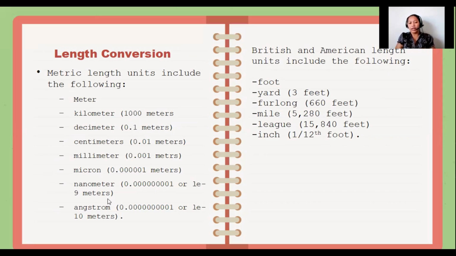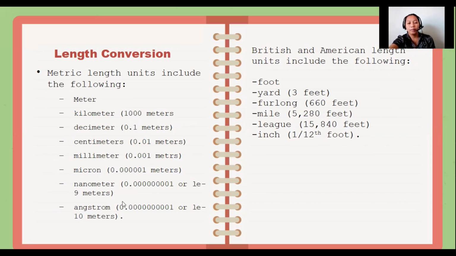So 9 kasi, nano ibig sabihin 9. You have to move 9 decimal places to the right in order for you to get back to its original. Nanometer. And then angstrom is 10. So 1 times 10 raised to the 10th power. So that is the angstrom.